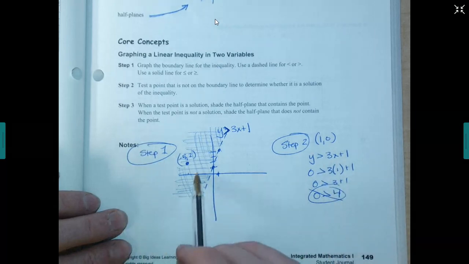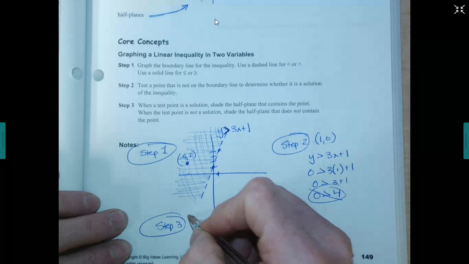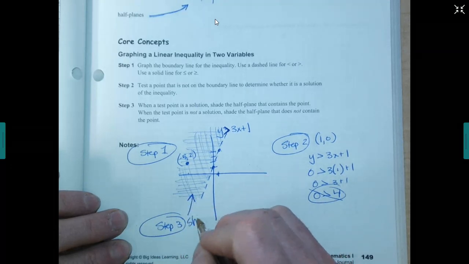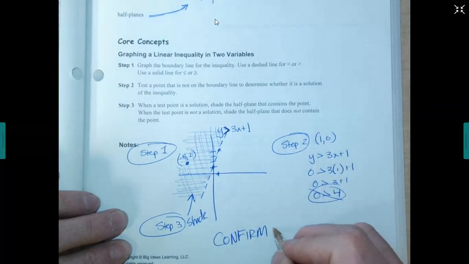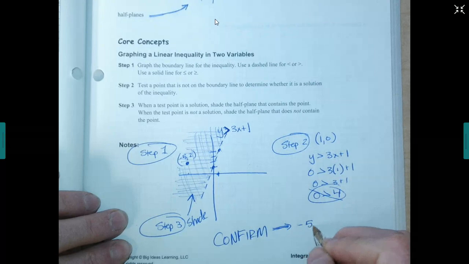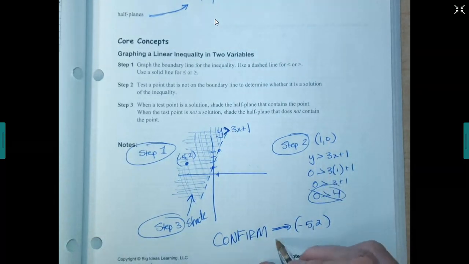That was step 3, shading it. But I also want to confirm. So I pick this point, negative 5, 2, and let's see if it works for this equation.